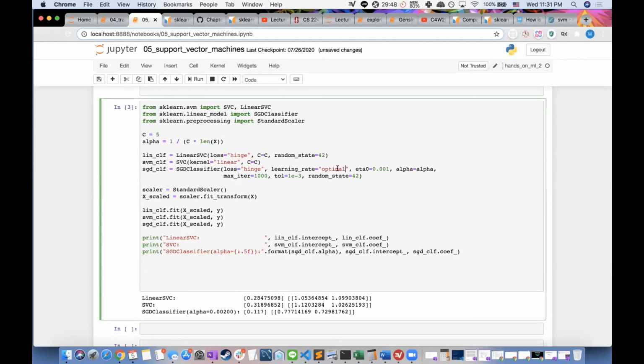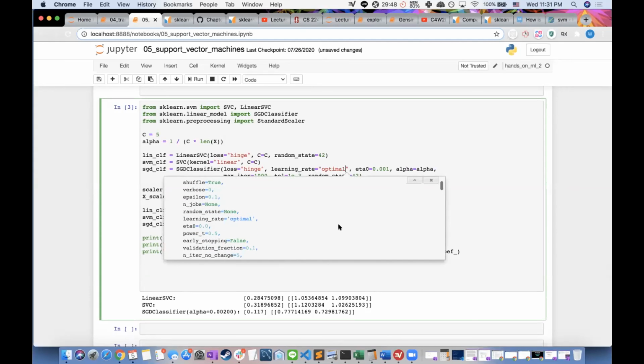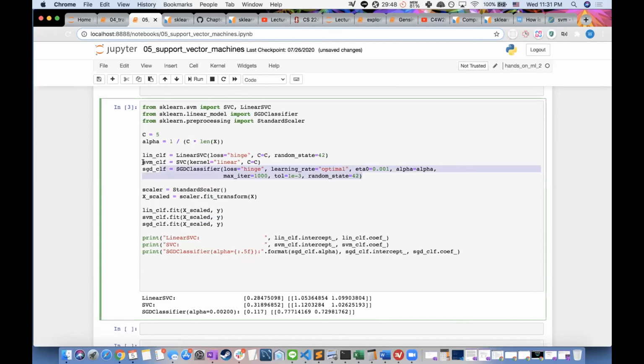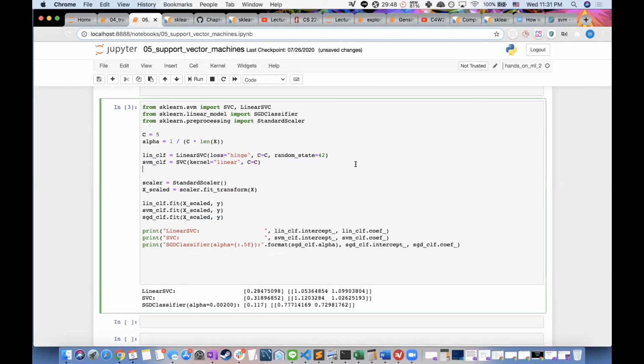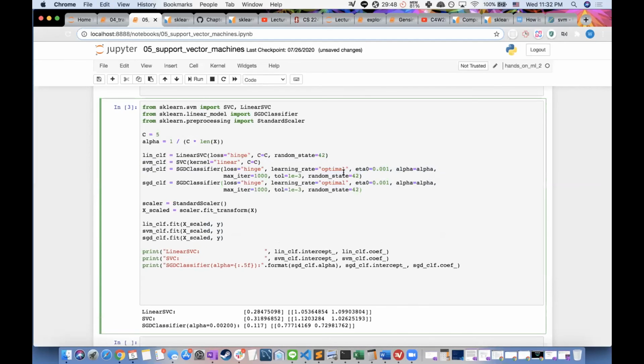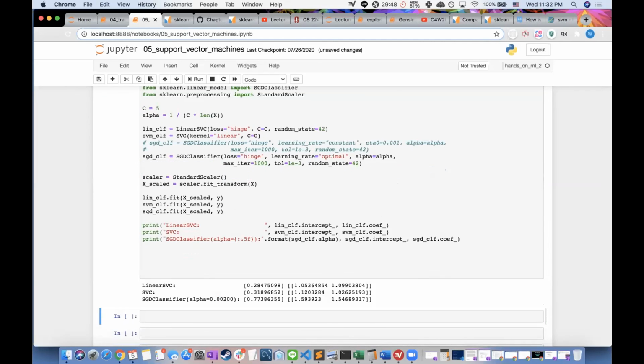You said optimal? Yeah, and get rid of the eta because that's only for constant. Okay, so constant, just comment this out, and get rid of eta. Yeah. Okay.